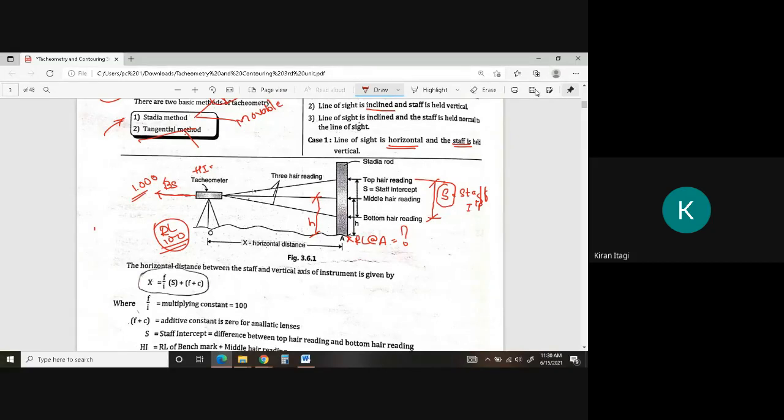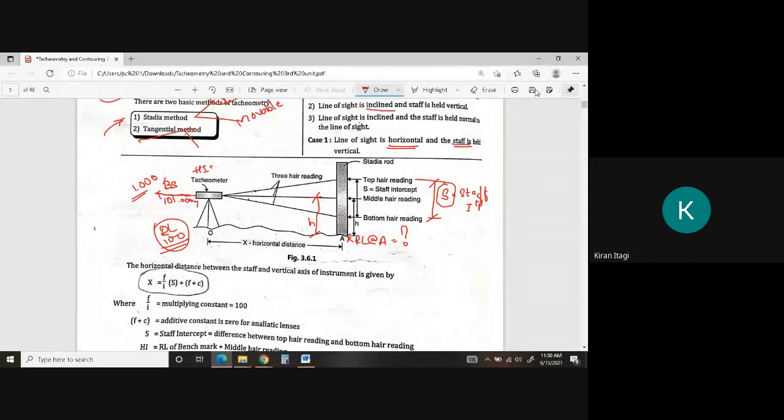What is the height of the instrument? So the height of the instrument is 101.000. Now you want to take the reading here.